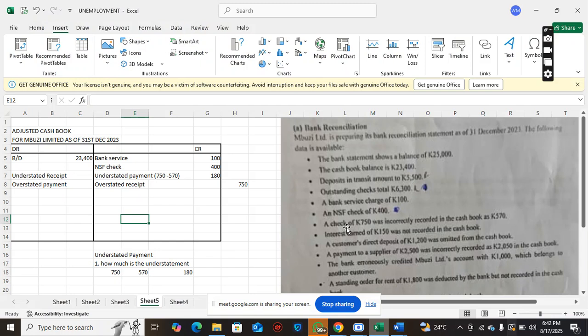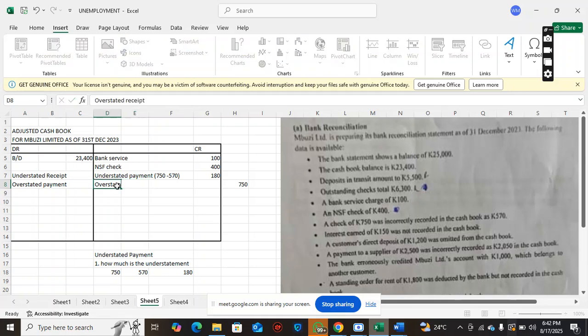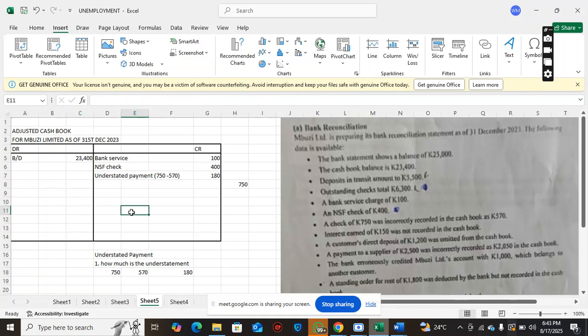Is that okay, Mr. Kasono? Yes. Because I think when you record a check, you're recording checks to pay. You can also record a check to get money. Can you record a check to get money, Mr. Kasono? In your business, can you record a check to receive money?